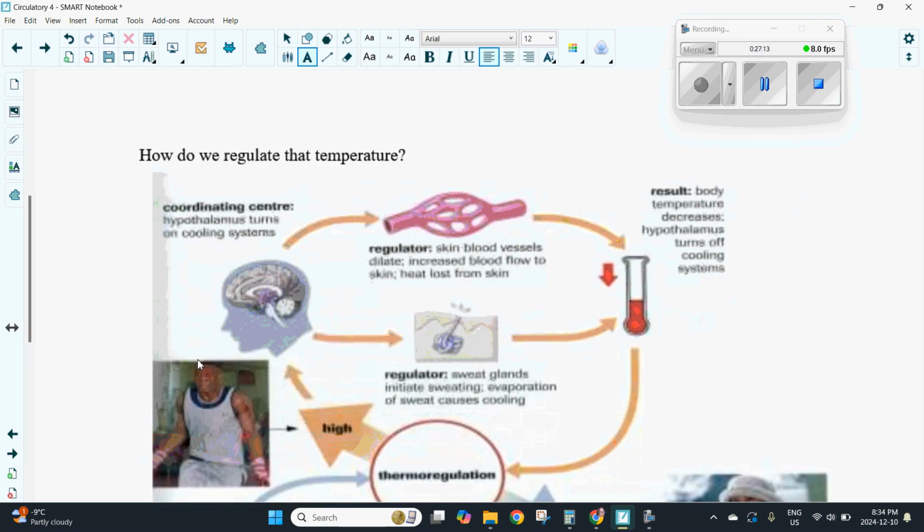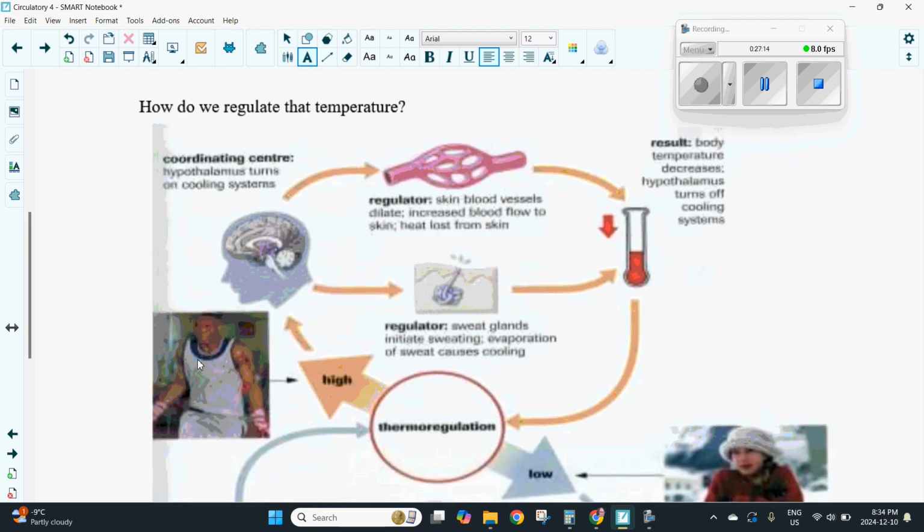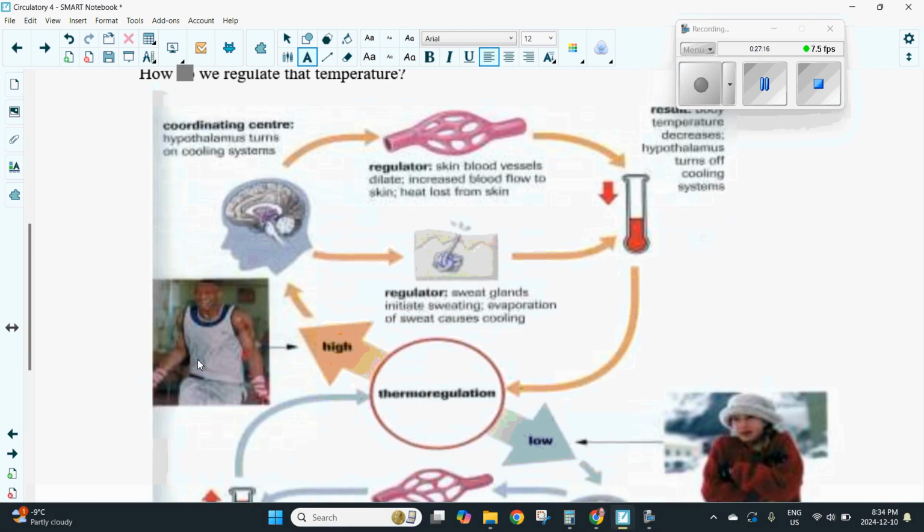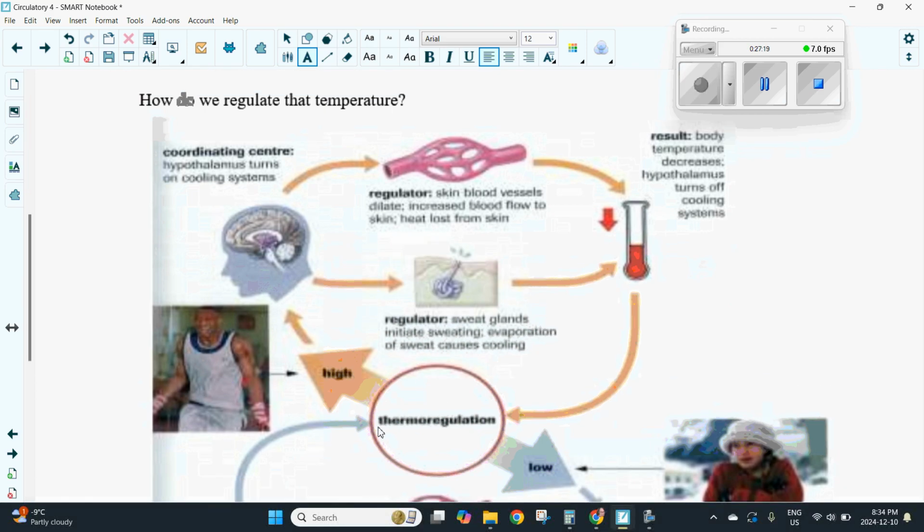I didn't talk about this anywhere else but in this picture. So if body temperature is too high, the brain is going to get a signal. More specifically in the brain, it's talking about the hypothalamus. The hypothalamus is a very important structure within our body, which again, you'll learn more about in Bio 30.